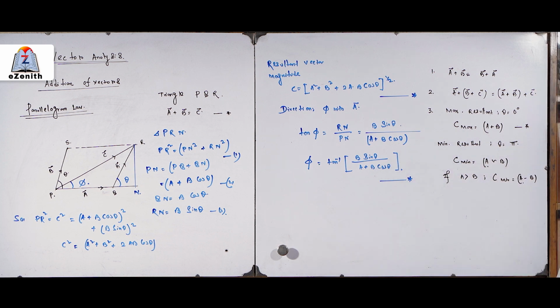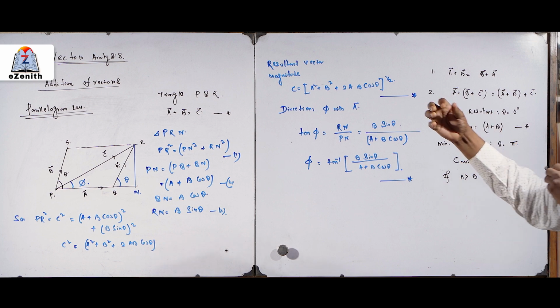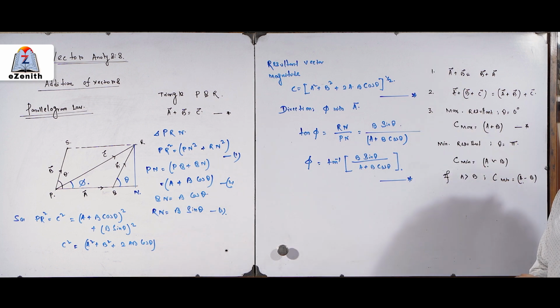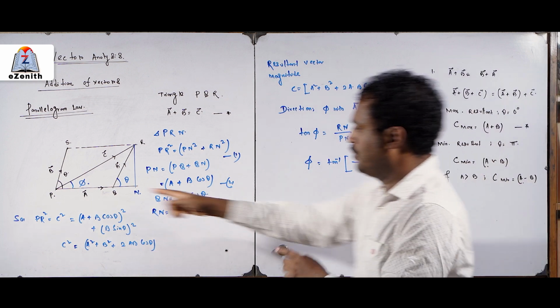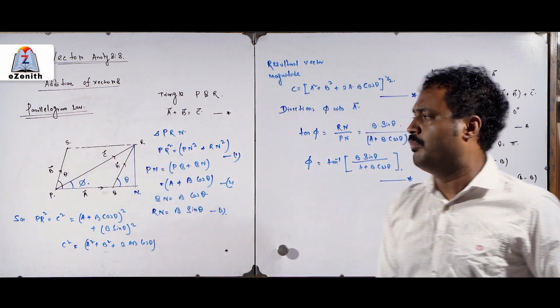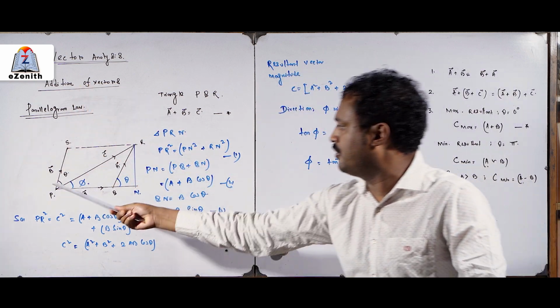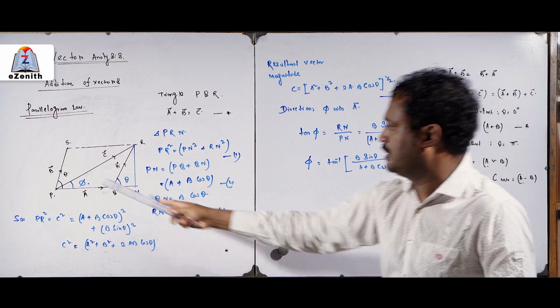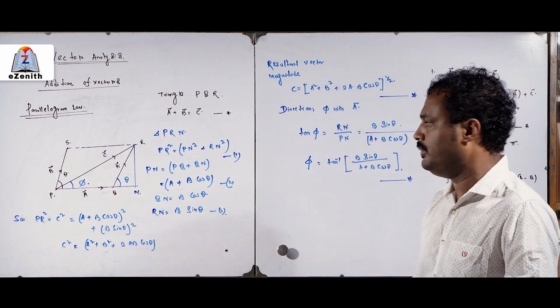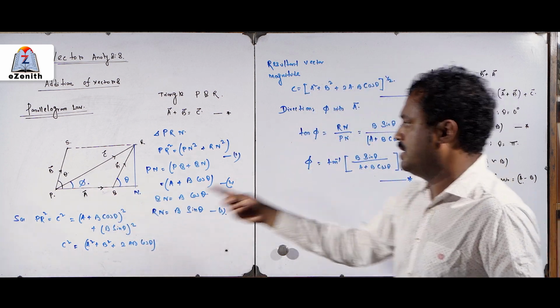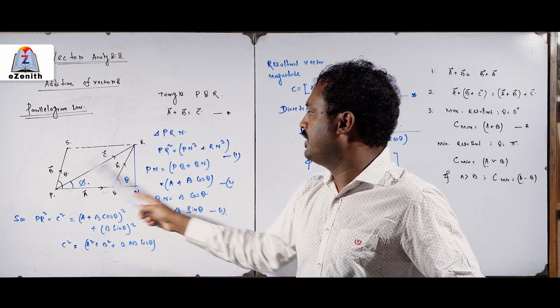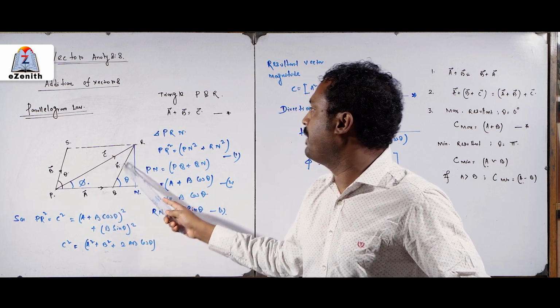So take a glance. First, the parallelogram law is a modified version of the triangle law. In the triangle law, the end of one vector meets the initial point of another vector. But here, the two vectors A and B are both divergent. Theta is the angle between them, and the resultant is the simple C vector, where C vector is equal to A vector plus B vector.